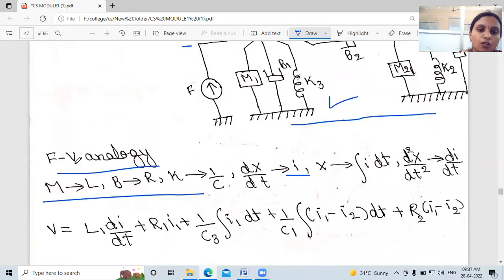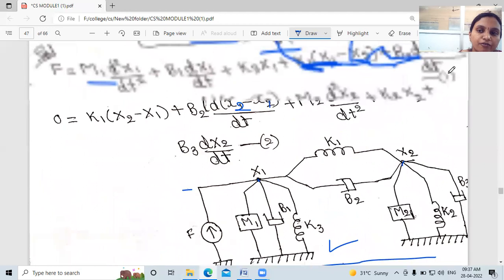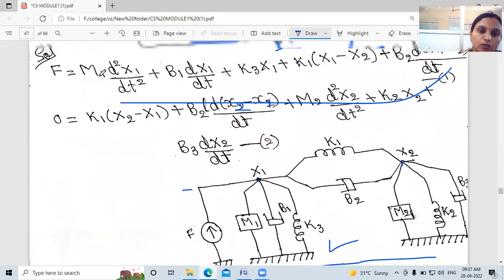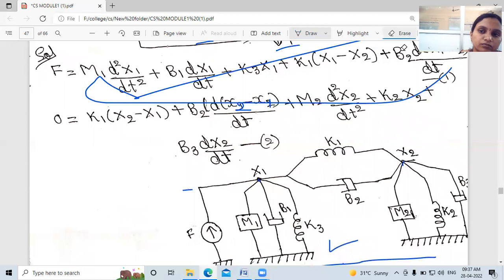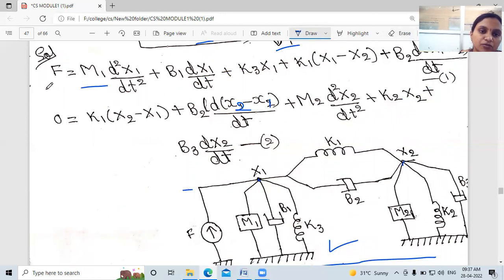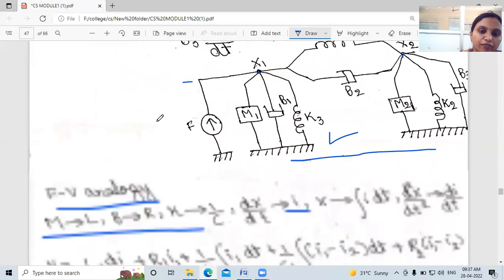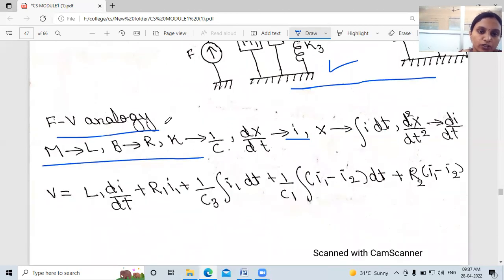Now we will apply this to equation 1. M1 is replaced by L, and F is replaced by V. In the heading itself it is the force voltage analogy.